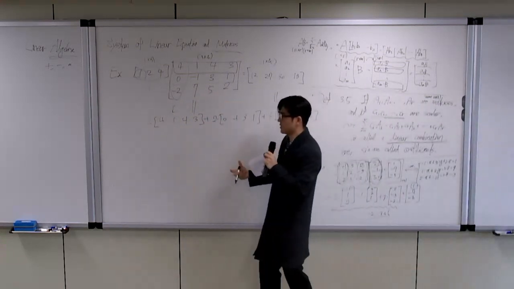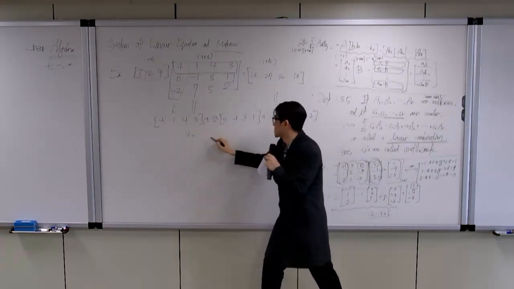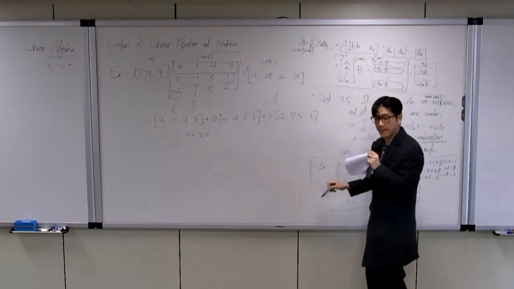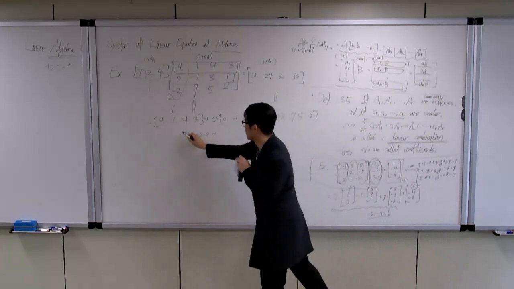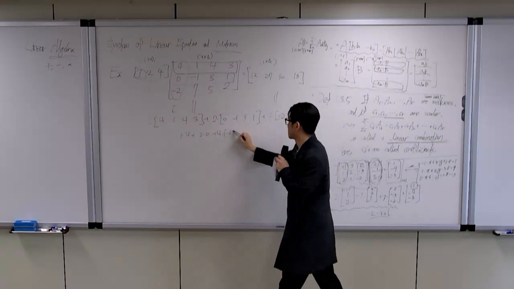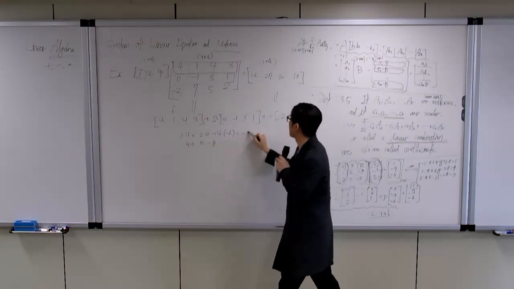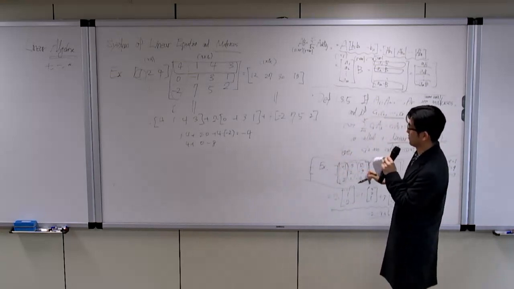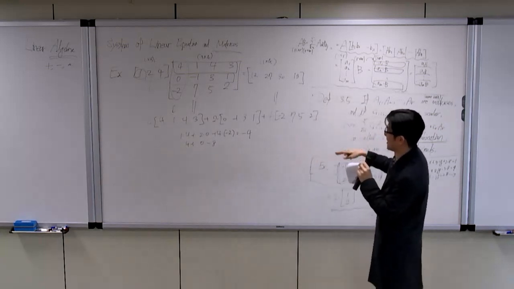And if we verify it, the first entry is 1 times 4 plus 2 times 0 plus 4 times minus 2, then 4 plus 0 minus 8, minus 4. Oh, I think I made a mistake in some calculation.